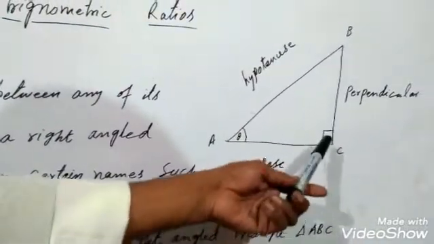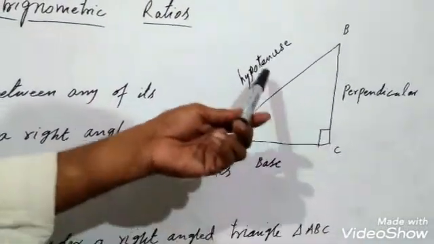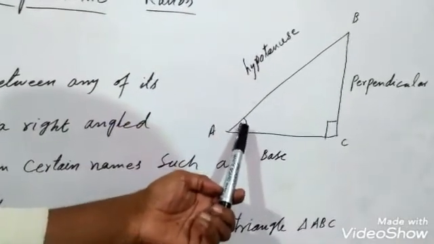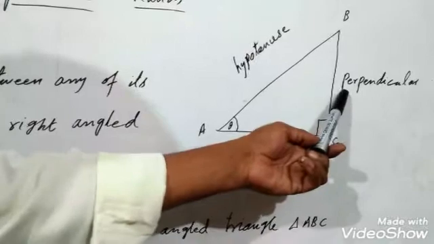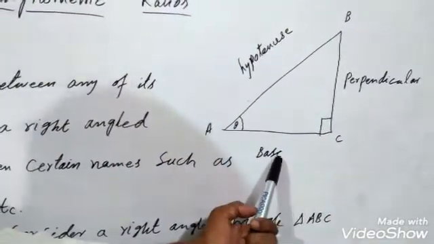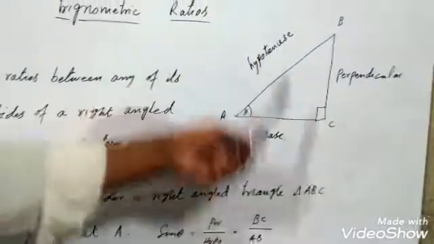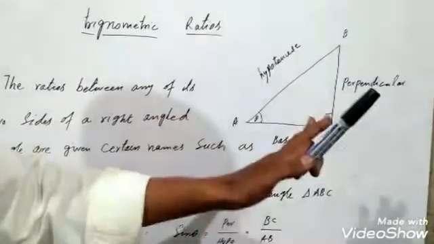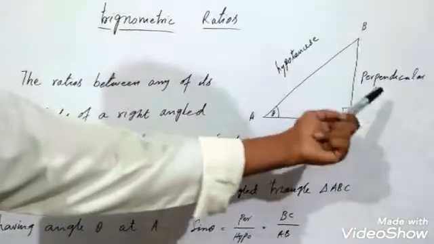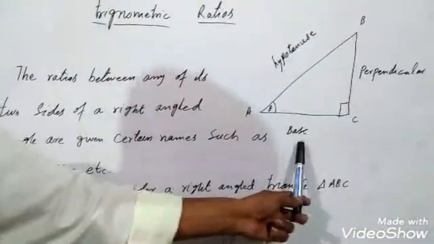As we know, the facing side of 90 degree is called hypotenuse and the facing side of the given angle is called perpendicular, and the third one is base. So a right angle triangle has three sides which are called hypotenuse, perpendicular and base.